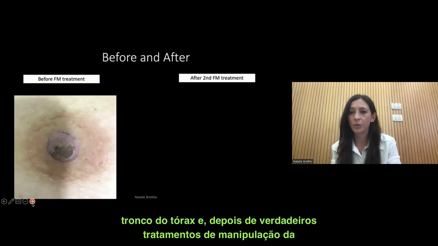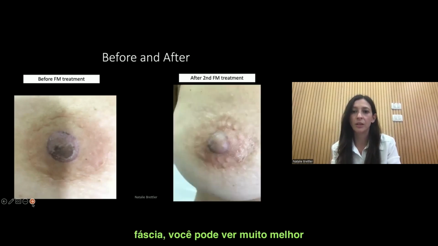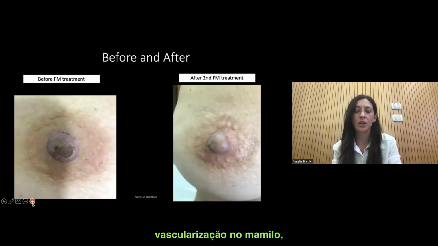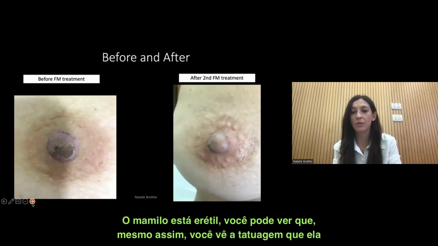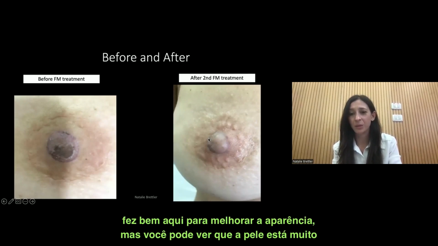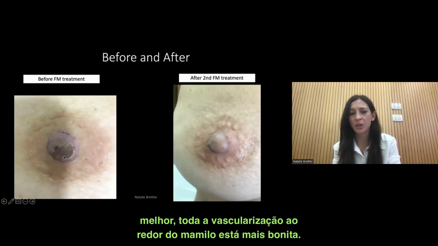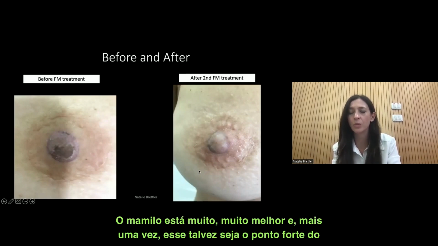And after 2 treatments of fascial manipulation, you can see much better vascularization in the nipple. The nipple is erectile. You can see that, well, still you see the tattoo that she did right here to make it look better. But you can see that the skin is much better. All the vascularization around the nipple is much, much better.